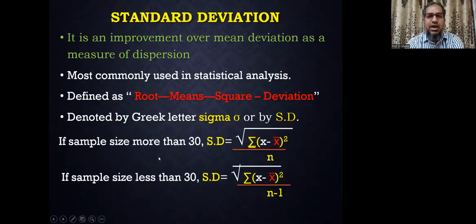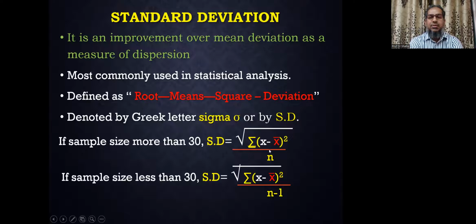Now, what is the formula for calculation of the standard deviation? Standard deviation is equal to the square root of the summation of the squares of the deviations. When this formula is used, if the sample size is less than 30, it is called a small sample size, so we take n minus 1 in the denominator.